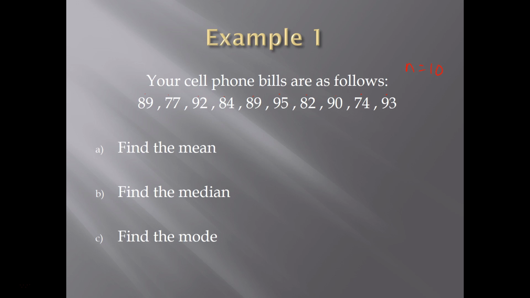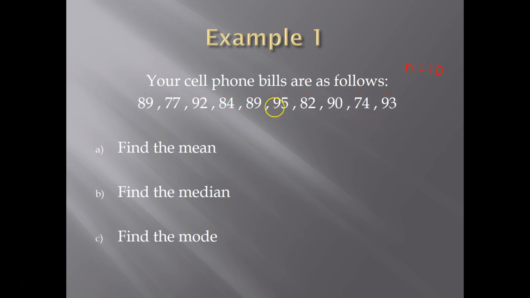Since we're finding the median in this problem, you have to reorder these from smallest to largest. Notice the first term is 89, the very next term is 77. It's smaller, so obviously that's not going from smallest to largest. Let's go ahead and reorder this real quick before we do anything else.